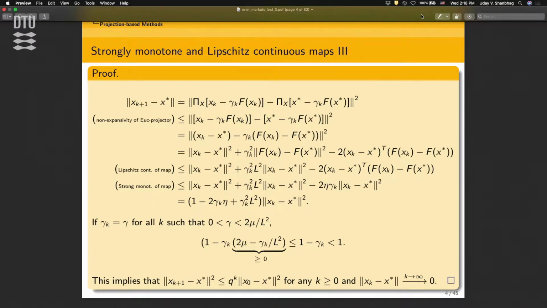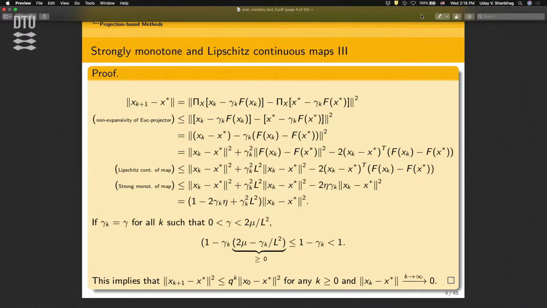Now if you take k to infinity, what happens? If you take limits on both sides, you know that this is greater than or equal to 0 because it's a norm. It's bounded by something which is q raised to k times something.